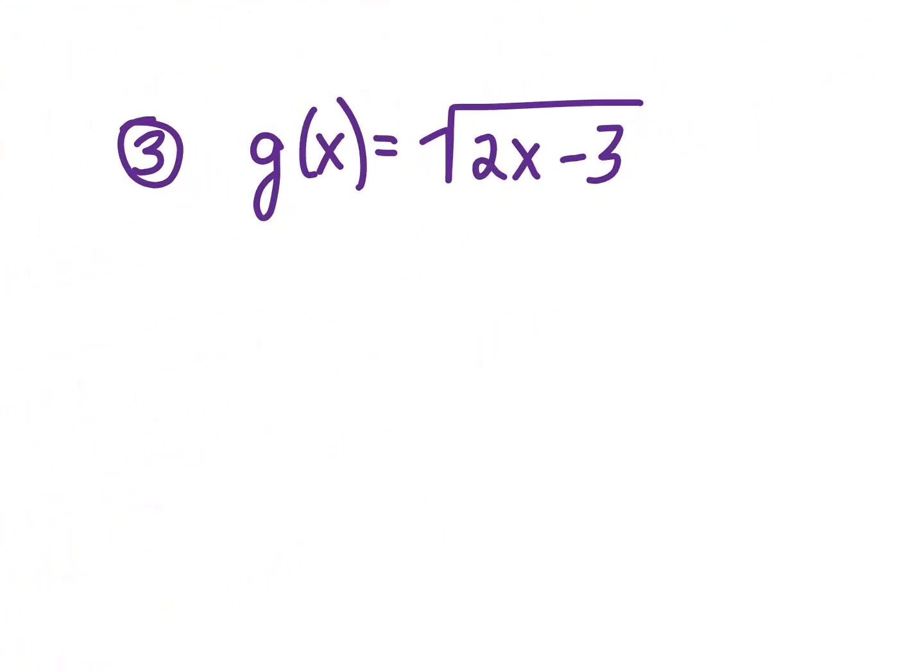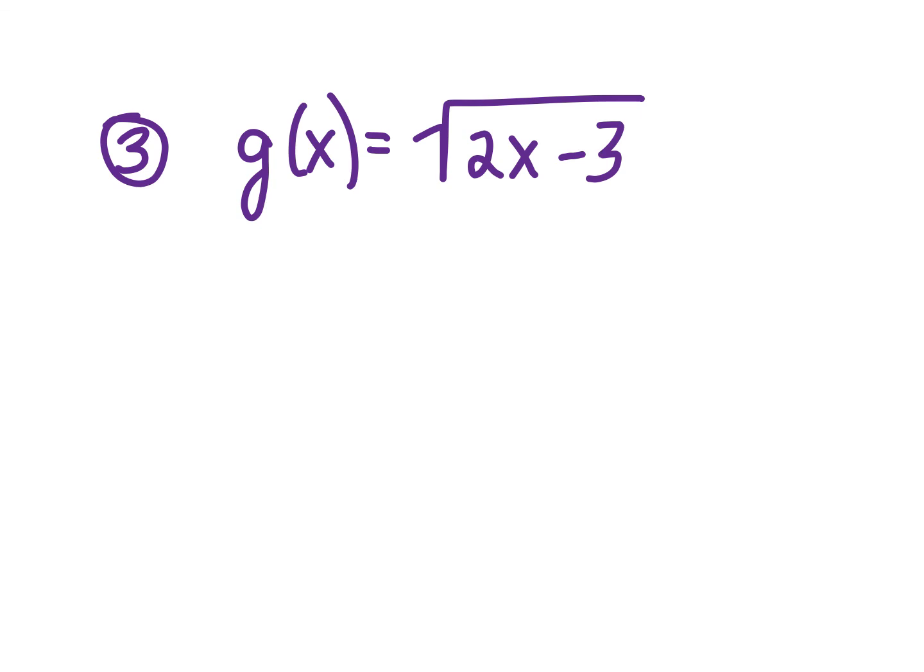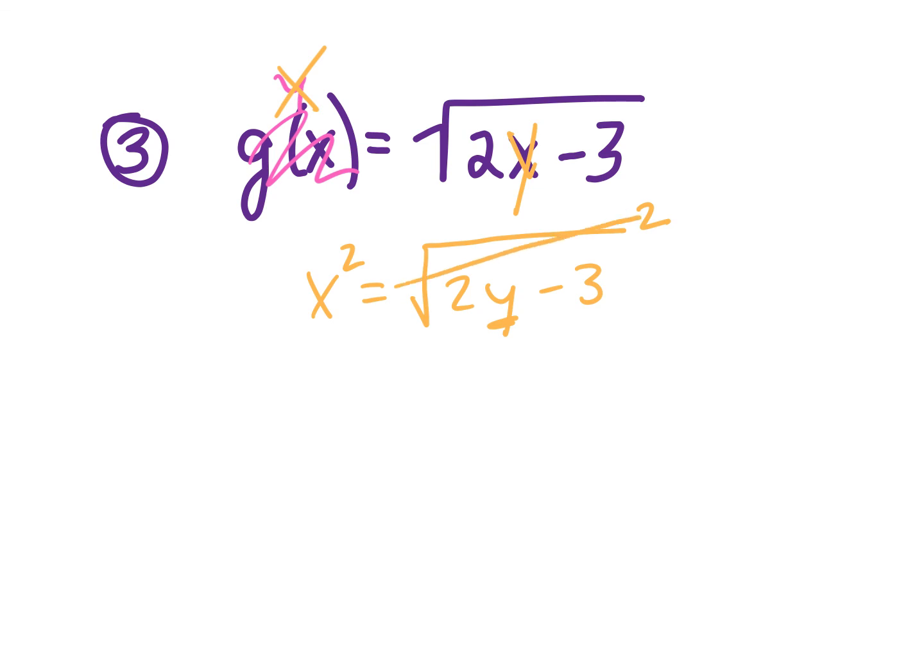All right, lastly, let's take a look at number 3. So I'm going to flip my x and y. So now this becomes y and this becomes x. So x is equal to the square root of 2y minus 3. We want to solve for y, so I have to undo everything on the right side. So since it's being square rooted on the right side, I'm going to square both sides of my equation, so this will cancel.